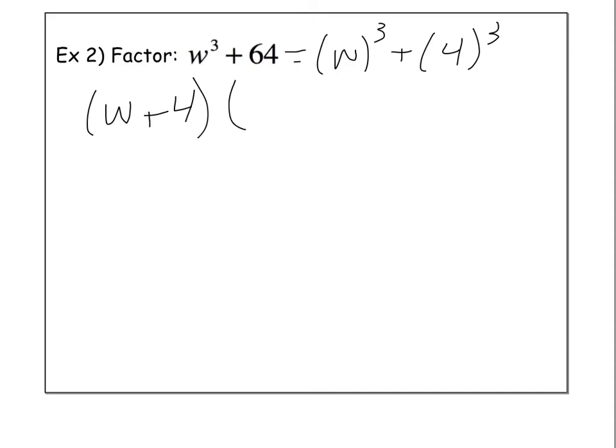The first term is this thing squared, so we have w squared. Now remember the sign. If this is a plus, this sign in here is going to be a minus, so we have a minus, and then these two terms multiplied together, so that gives us a 4w with an always positive last sign, and then this term squared, which is 16. And we're done. Multiply that out if you'd like to check.